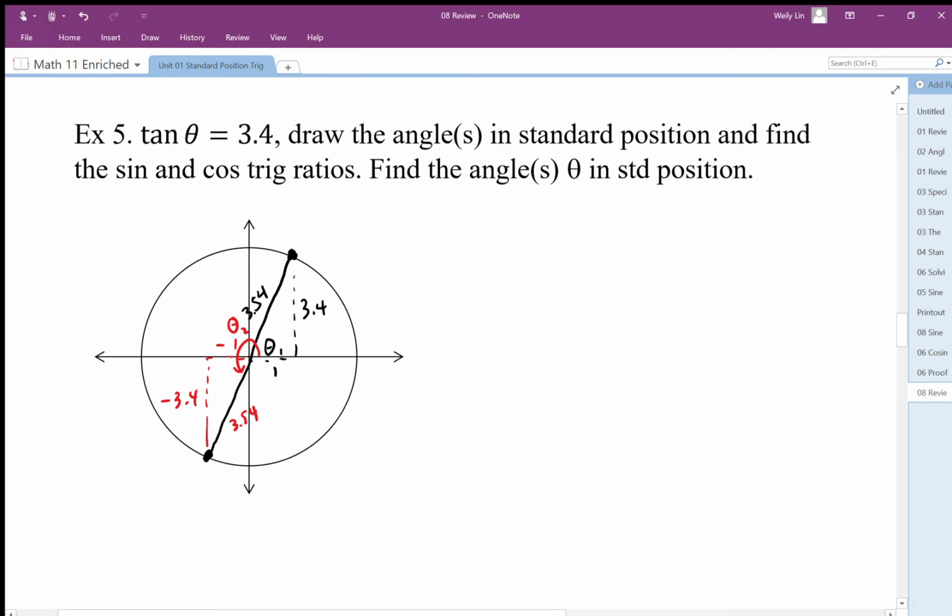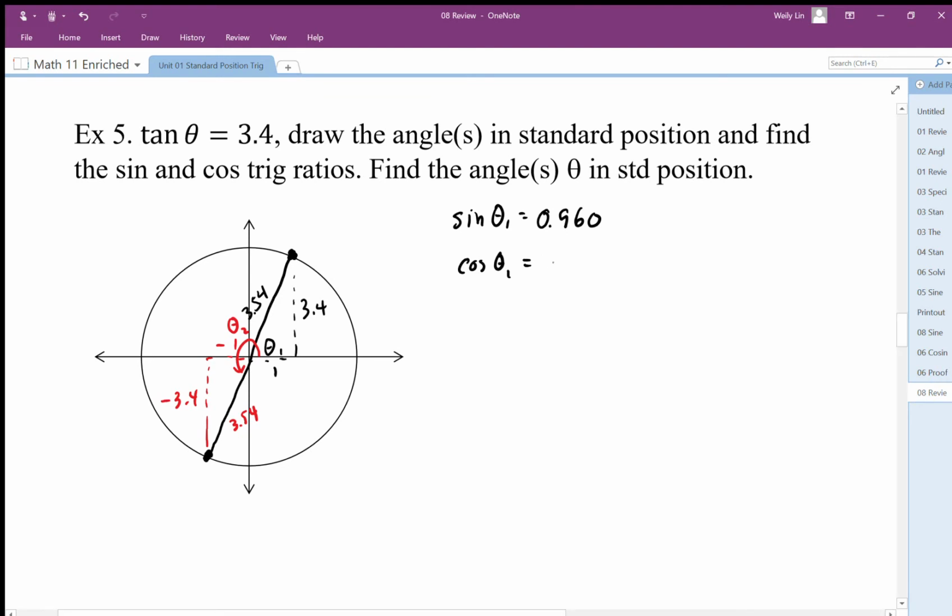Okay, so I want to write the trig ratios. So I have tan, so I need to write sine theta 1 is going to be 3.4 divided by 3.54. It's approximately 0.960. The cosine, we can use Pythagoras, or we can just use 1 divided by the radius.